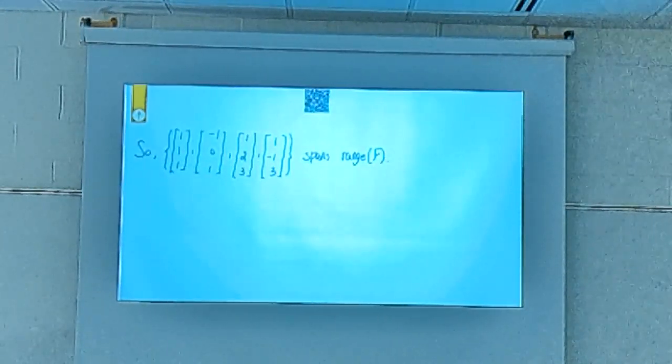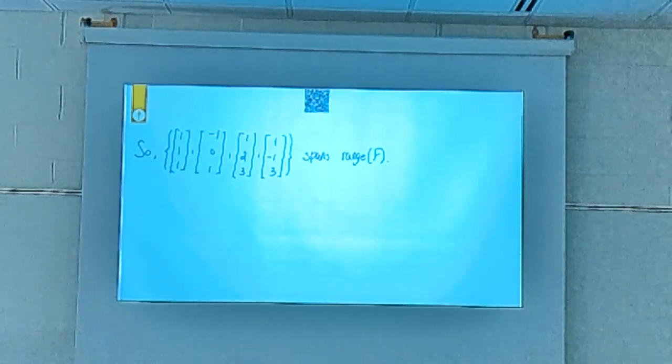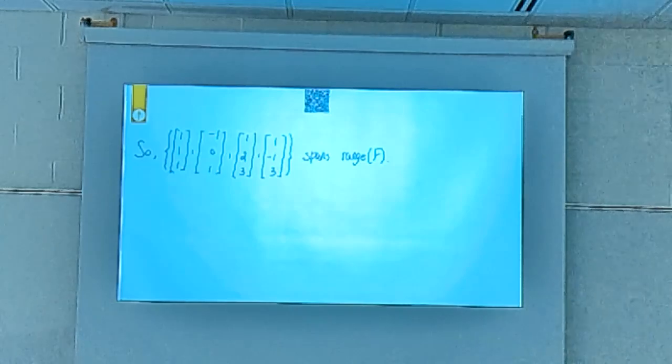That set of vectors spans the range of F. But they're clearly not linearly independent.